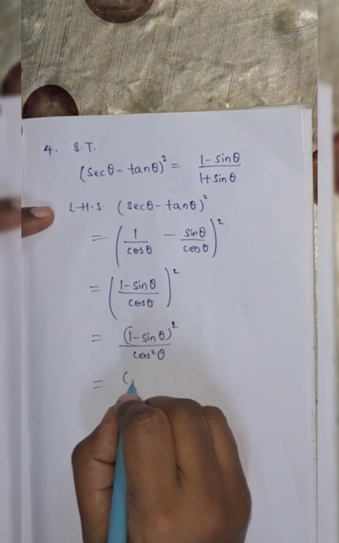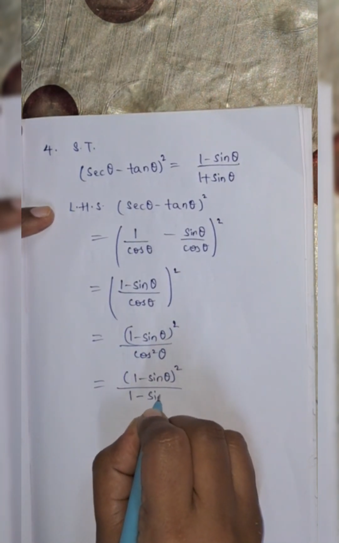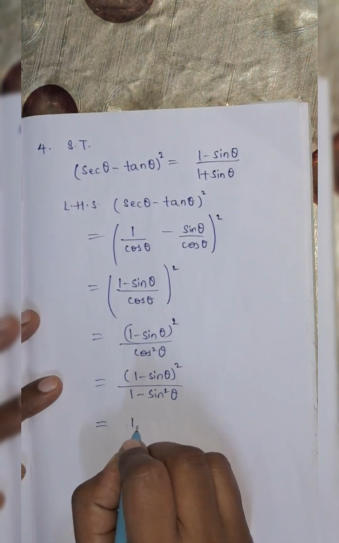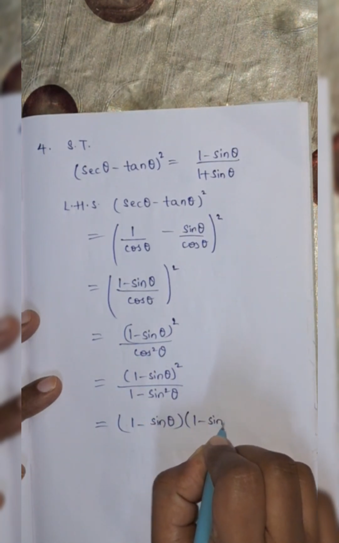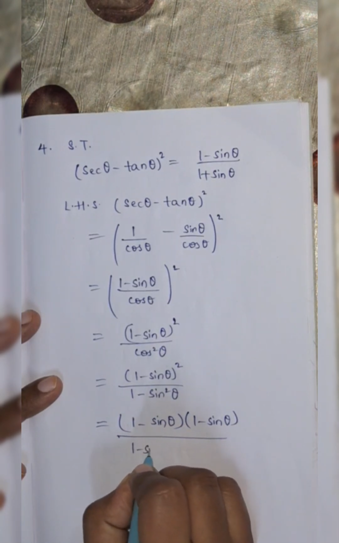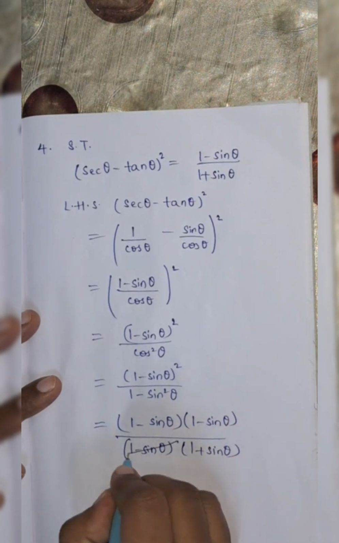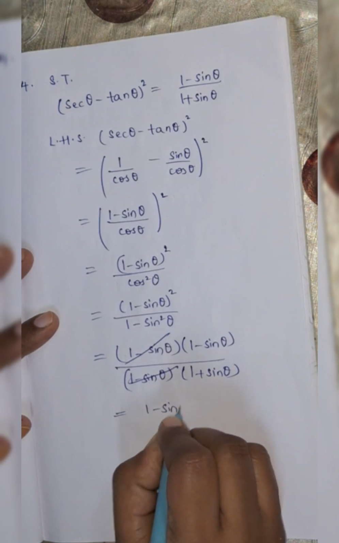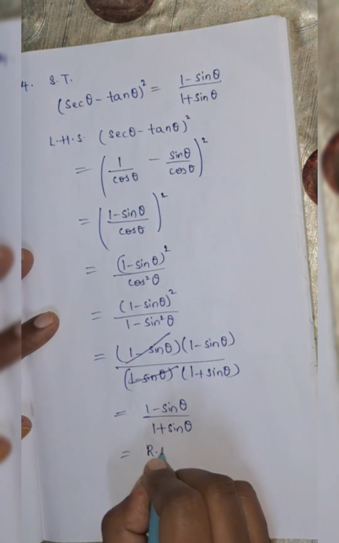Cos square can be written as 1 minus sin square theta by the trigonometric identity we just solved. So this will be (1 minus sin theta) squared over (1 minus sin theta) into (1 plus sin theta), of the form (a plus b) into (a minus b). So one (1 minus sin theta) gets cancelled. Our answer will be (1 minus sin theta) by (1 plus sin theta), which is nothing but our RHS.